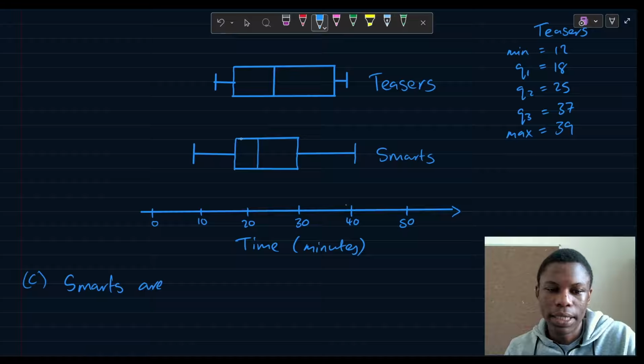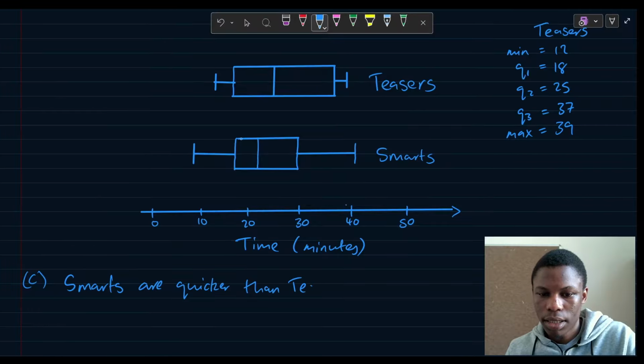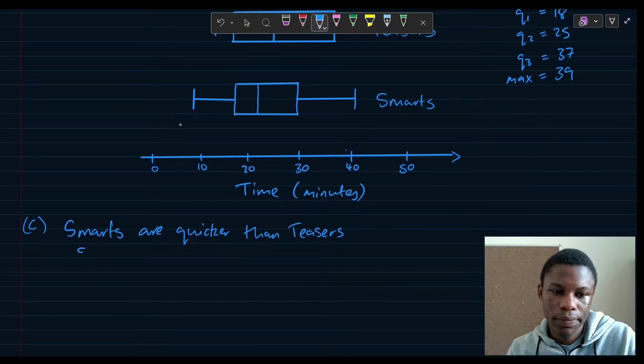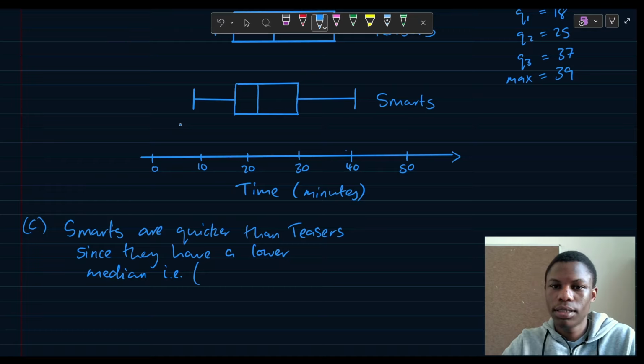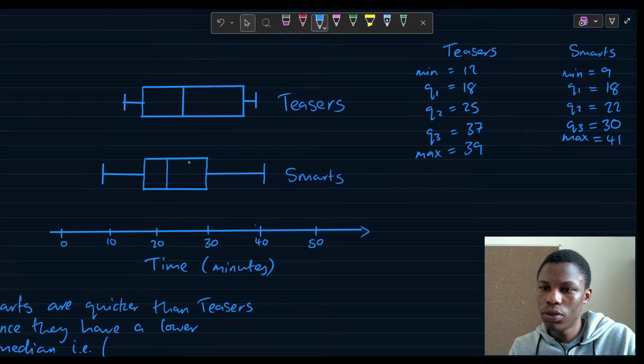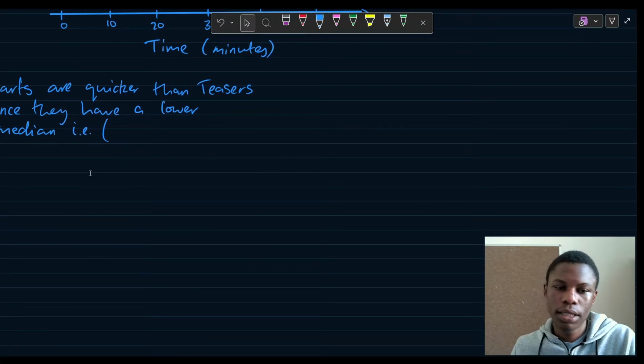Since they have a lower median, smarts are quicker than teasers, i.e., the median for smarts is 22, and that of teasers is 25.